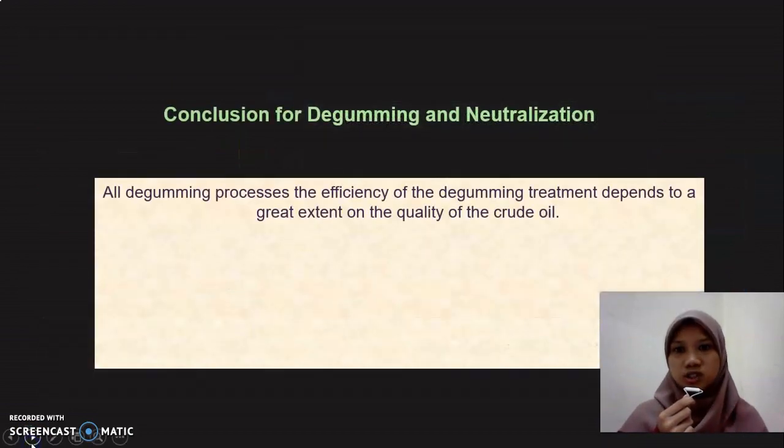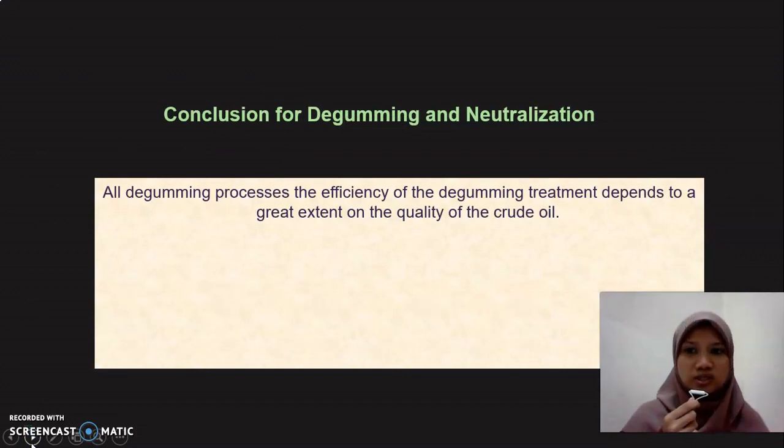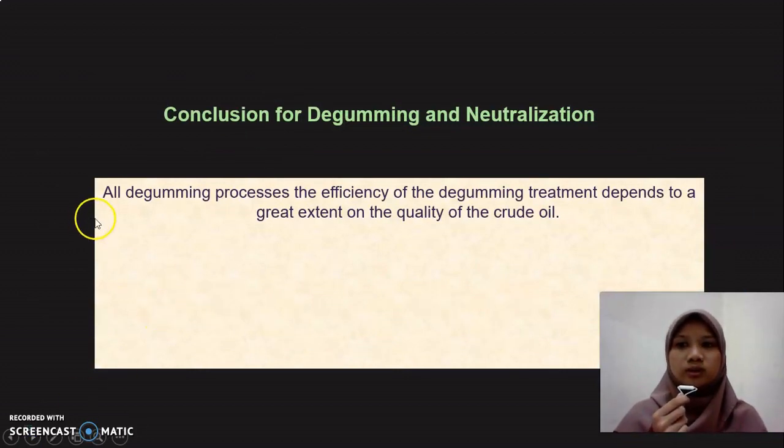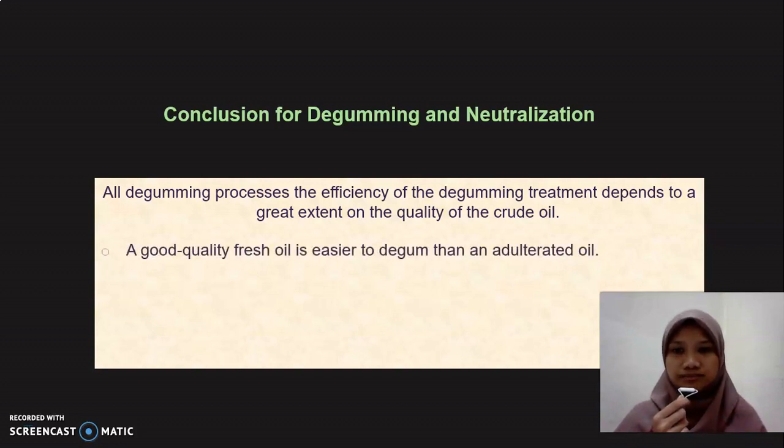So for the conclusion for degumming and neutralization, it said that for all degumming processes, the efficiency of degumming treatment depends to a great extent on the quality of the crude oil. So the quality of the crude oil is also important for the efficiency of the degumming process.